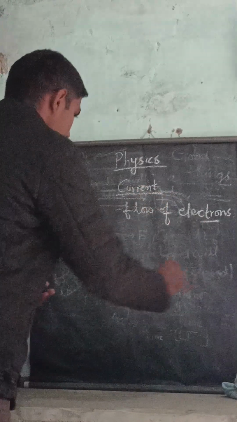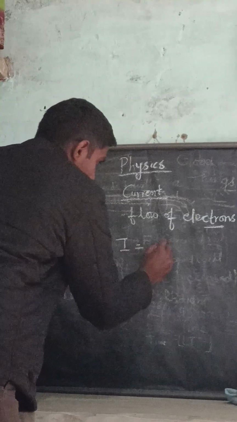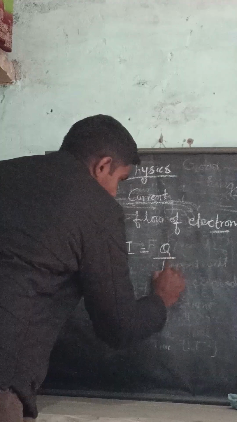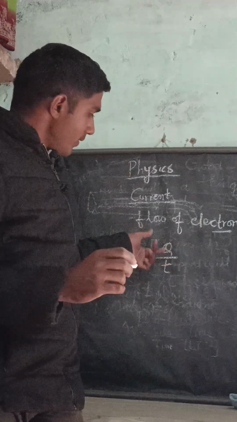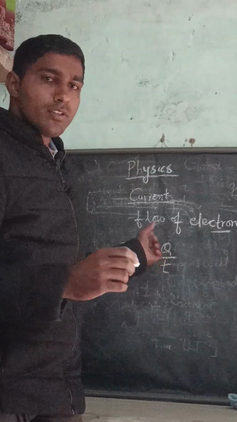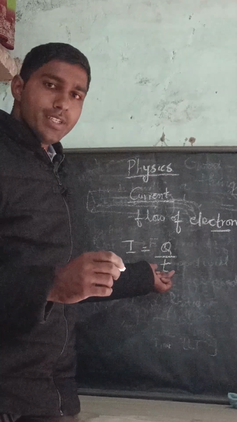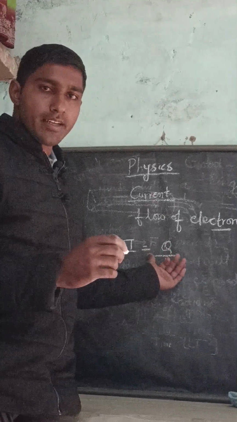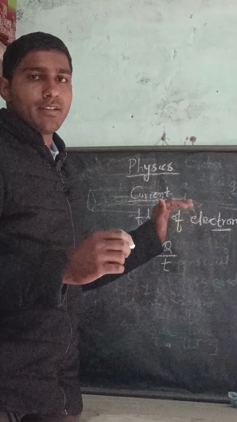Another thing: if you term it I, it is the flow of charge. So Q represents the charge, divided by the time. Now when you come to the definition, you see in unit time, or in a single second, how much charge is flowing.